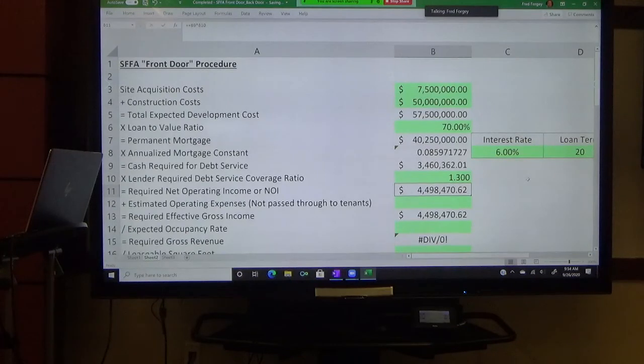Here we're starting out with the annual debt service and asking, what is our debt service coverage ratio, to say what income do we have to have? So taking the 3.46 million and multiplying by 1.3 gives us 4,498,000, which would be our required net operating income on this property.